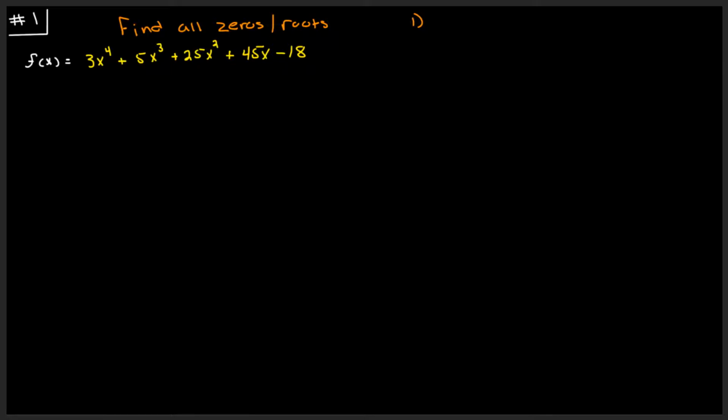factoring with a GCF, which is a greatest common factor. The way this works is, if you have x squared plus x, you can see that you can factor out an x. What you're left with is x times (x plus 1).